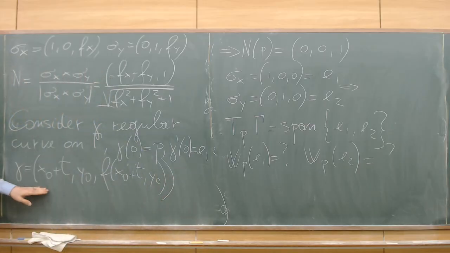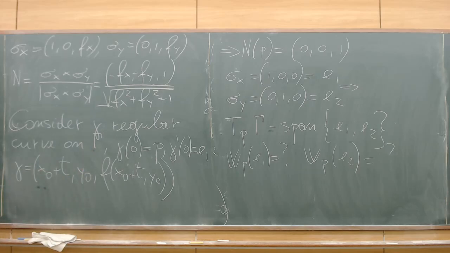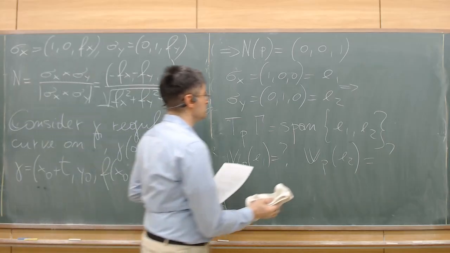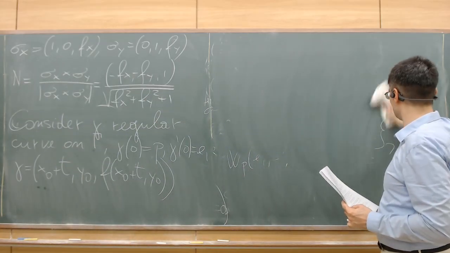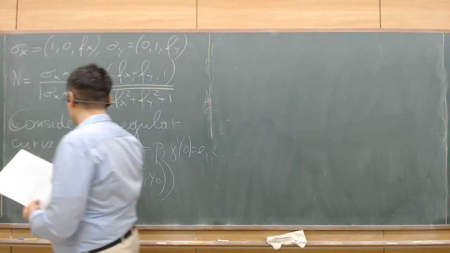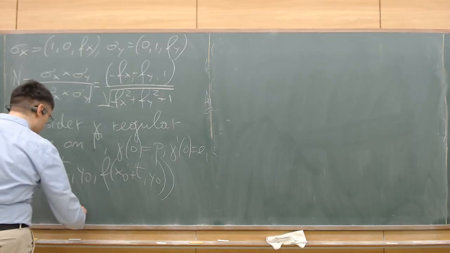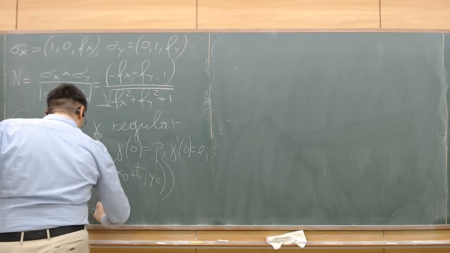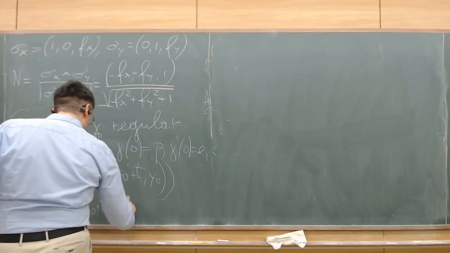This is a curve on gamma. How did I get it? I composed sigma with a curve given by this map.